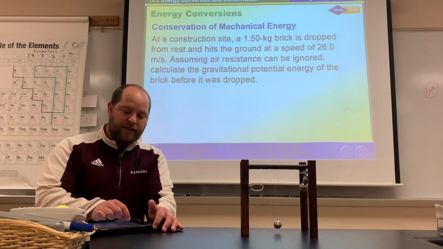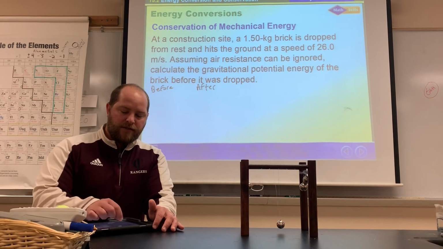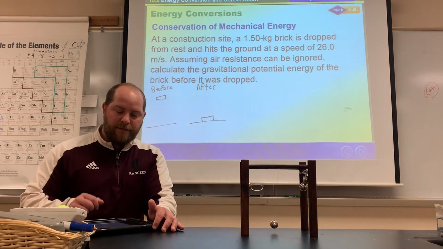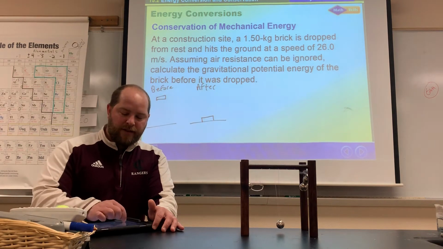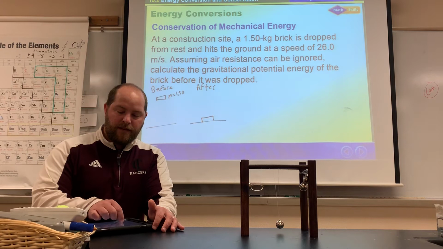Alright, so here's what I like to do when I'm solving these problems, is I like to do a before and after picture. So we have a brick before it's dropped, and then we have a brick after it's dropped. We know the mass of the brick is equal to 1.50 kilograms.